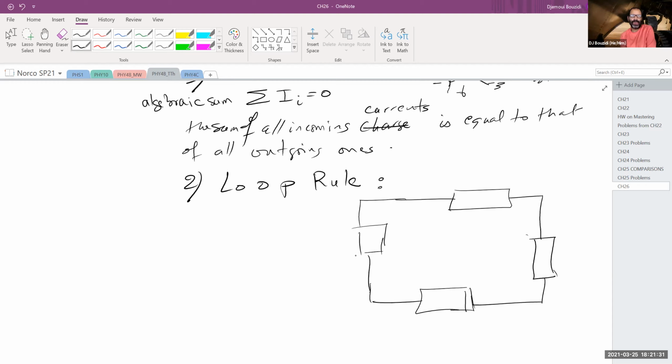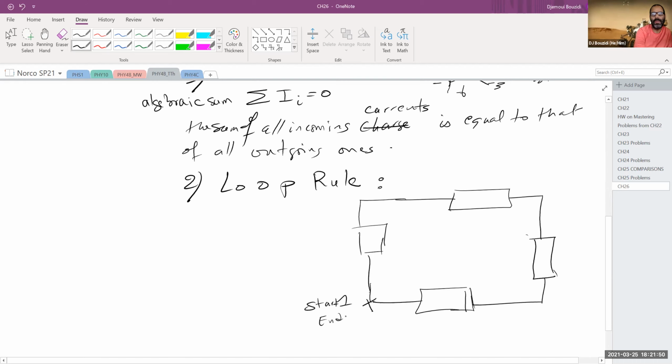You start on the cathode. From there, you start counting the voltage. So if this were a battery, and this is me doing this problem, I start counting from here. This is my starting point. It's going to be my ending point. So I'm going to come back to it. So that's choice number one.